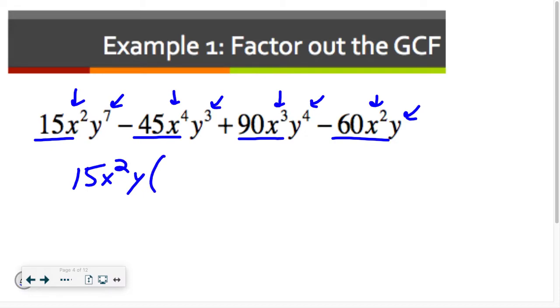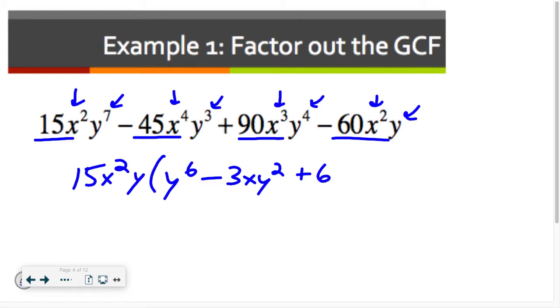So now I just need to reverse my distribution. I think of 15x squared y times what gives me 15x squared y to the 7th. That's going to give me just y to the 6th. 15 times what gives me 45 is going to be a negative 3. Take an x squared out, I'm going to have x squared here, y squared. Take a 15 out of 90, and that should be a 6.